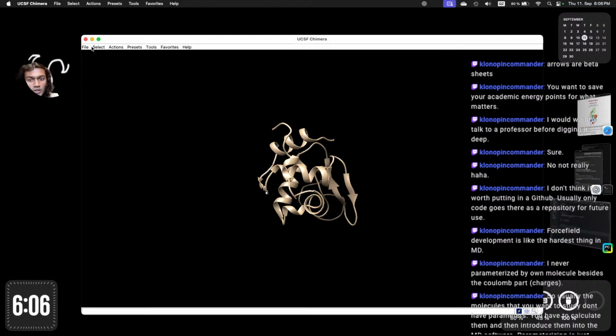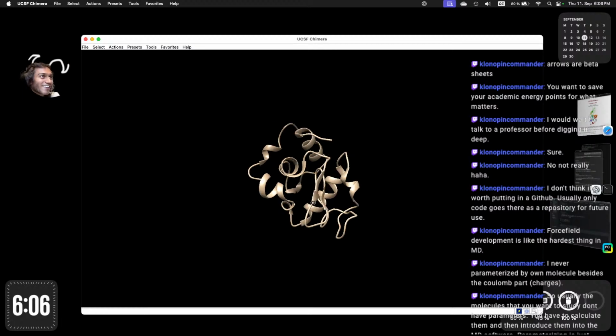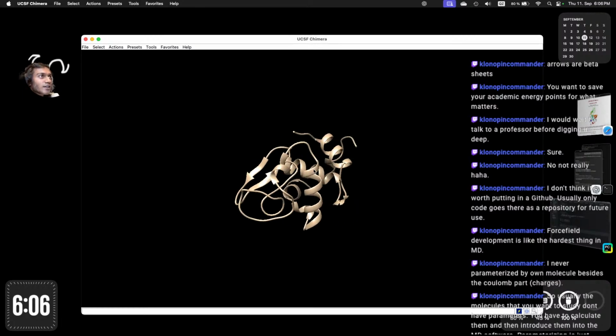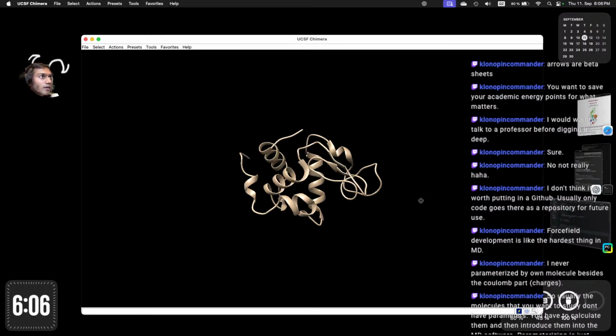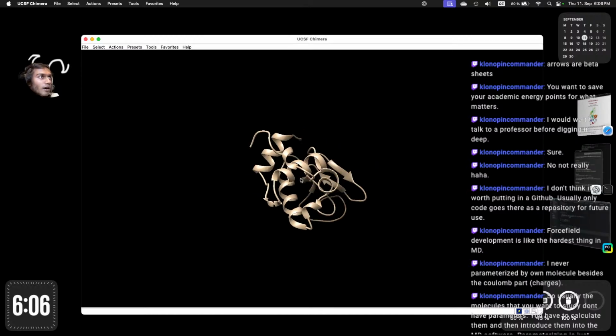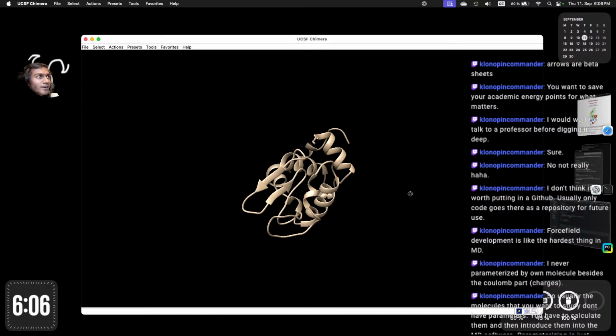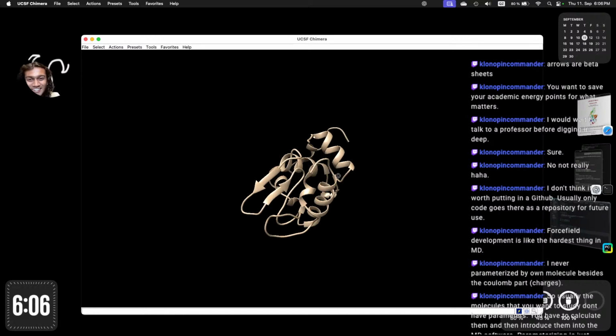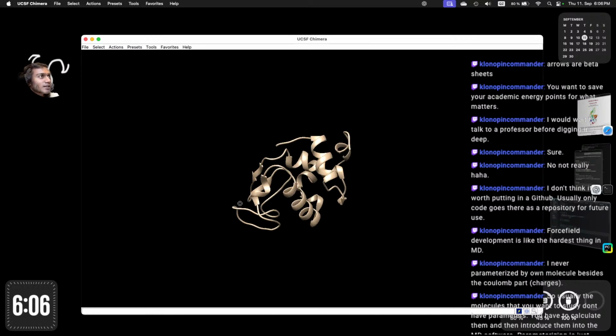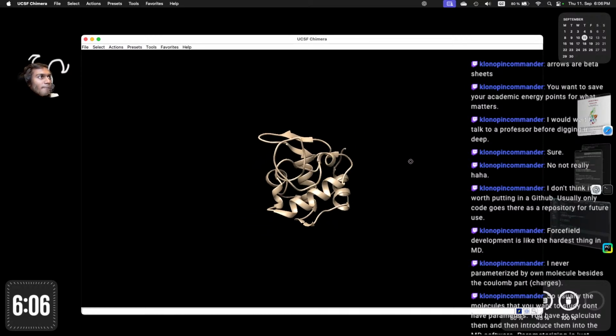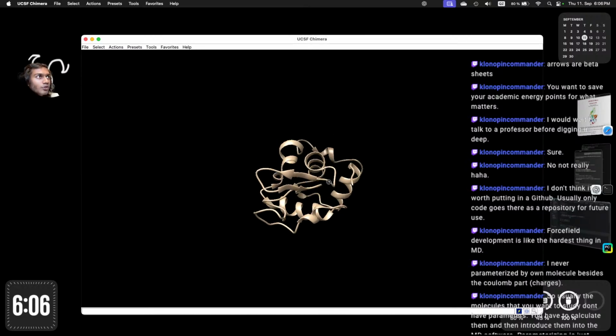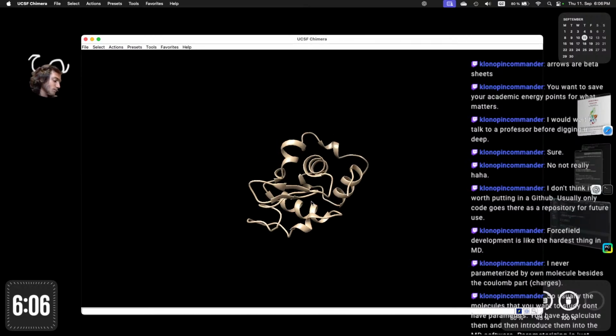Arrows are beta sheets. Oh, they did have meaning. I did not know that. I thought it was like energy flow or something. Okay, beta sheets. So if I understand, this is the protein that's seen inside eggs, right?